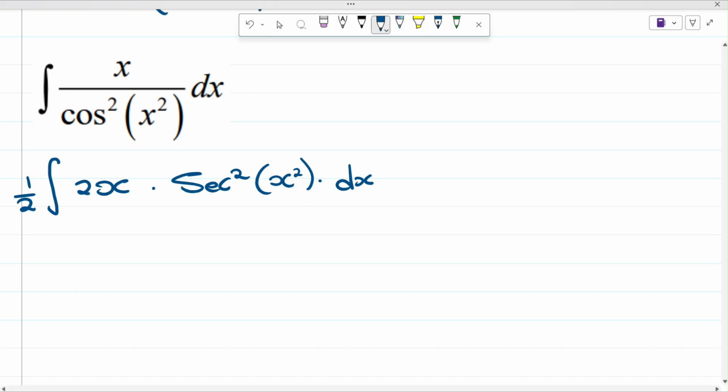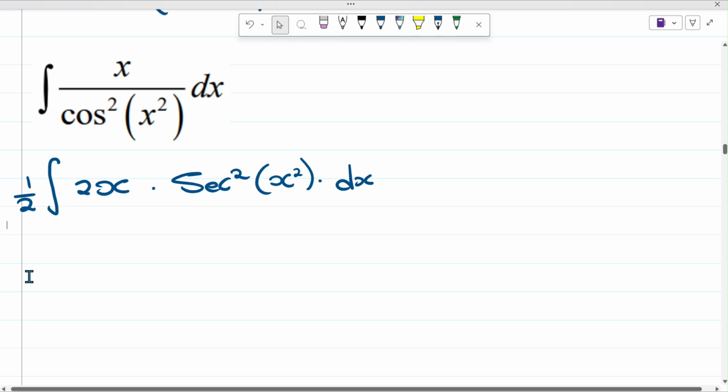So now that we have the derivative of the argument alongside this trig function, we then ask ourselves, what was differentiated for us to get sec squared, positive sec squared in this case? So you think, and you come to the conclusion that it was positive tan that was differentiated for us to get sec squared.